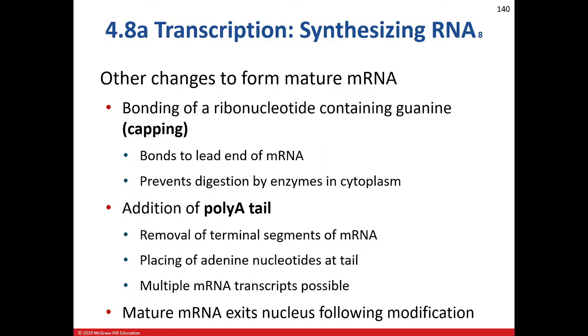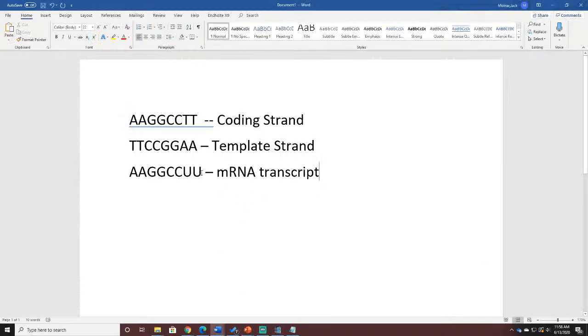We can also add a poly A tail. And what does a poly A tail mean? So let's say this is the mRNA transcript. A poly A tail is where we just keep adding A's to the end of it.